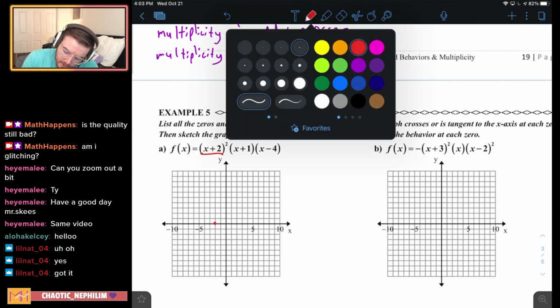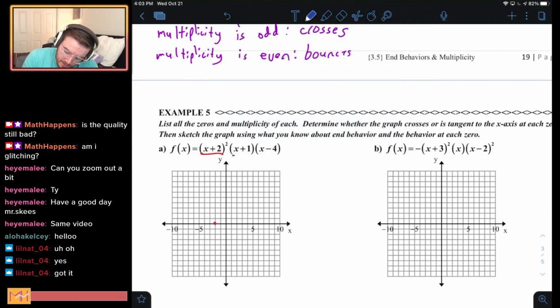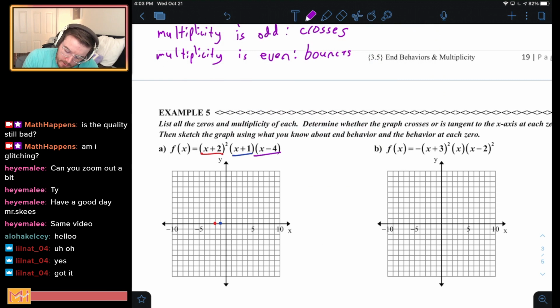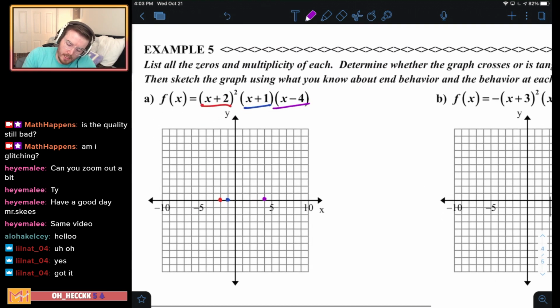There is a 0 at -1. And there is a 0 at 4. This has a multiplicity of 2, so it bounces. This has a multiplicity of 1, so it crosses.